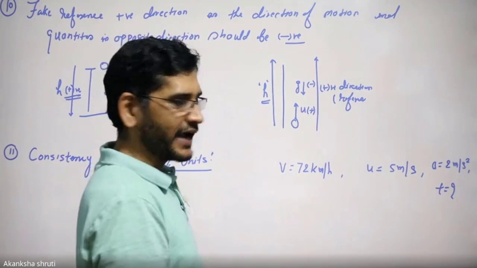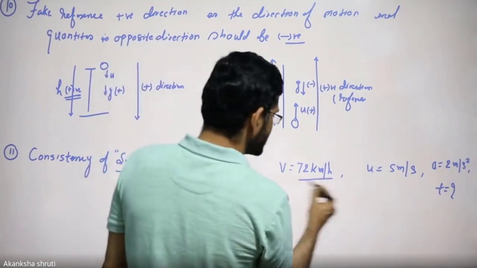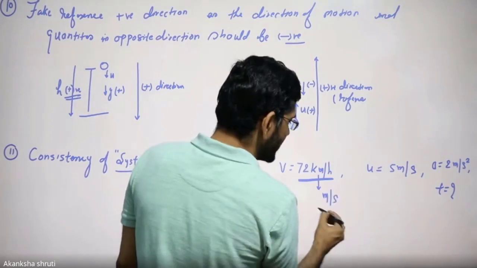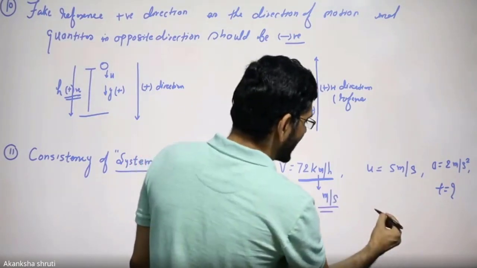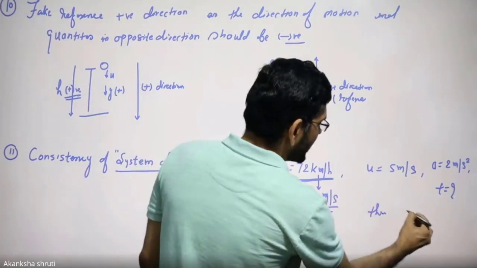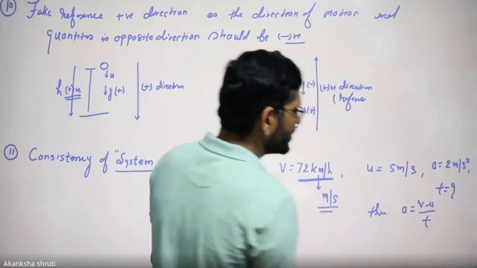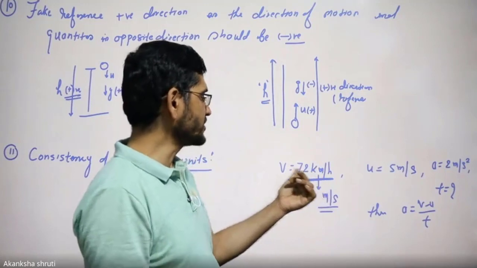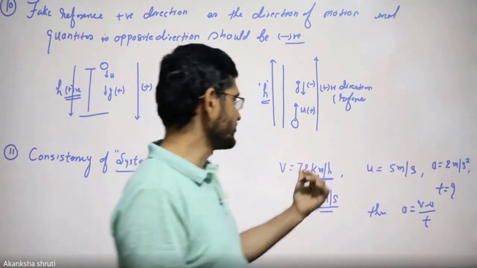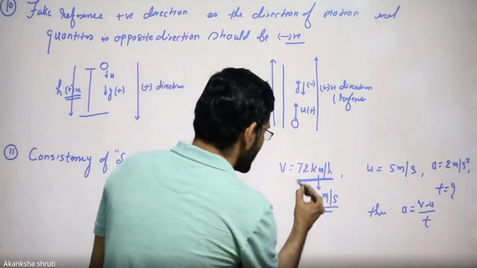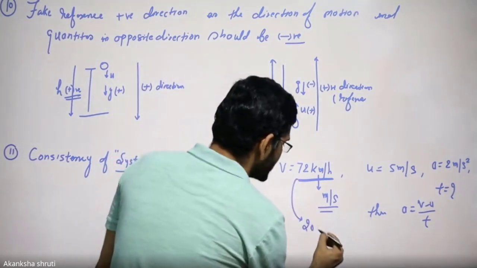Then keep in mind, the very first thing is you need to convert this into meter per second. Then only you can apply the formula, acceleration is v minus u by t. You shall not use this 72 directly, rather convert this 72 into meter per second. You will get this as 20 meter per second.